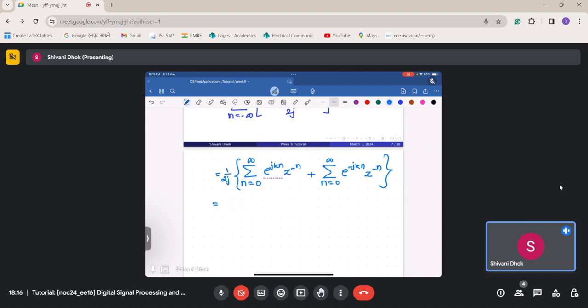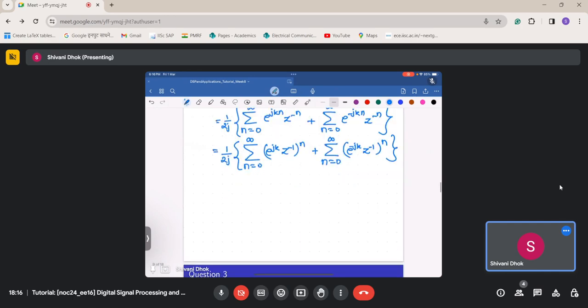So I can write this as 1 by 2j summation n running from 0 to infinity e power j k into z power minus 1 to the power n plus summation n running from 0 to infinity e power minus j k z power minus 1 to the power n.